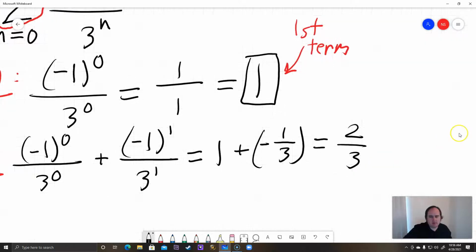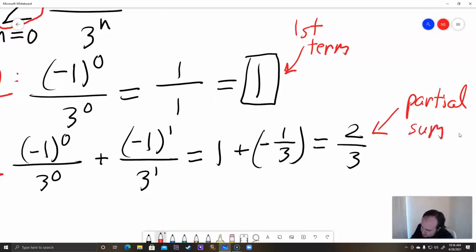So the 2/3 is called a partial sum. But the second term is actually just the same as the second term of the sequence. So I might have misspoken there a little bit. So that's why I had to pause it and kind of refresh my memory.